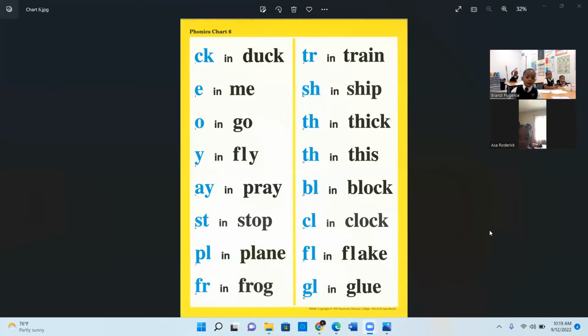Plane, fur and frog. No. TR says /chr/. Train. SH says /sh/ and ship. TH says /th/ and thick. Keep going. And left.